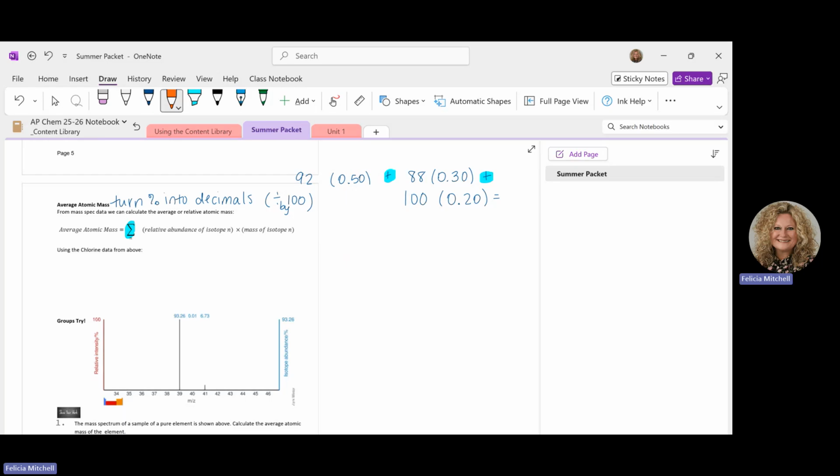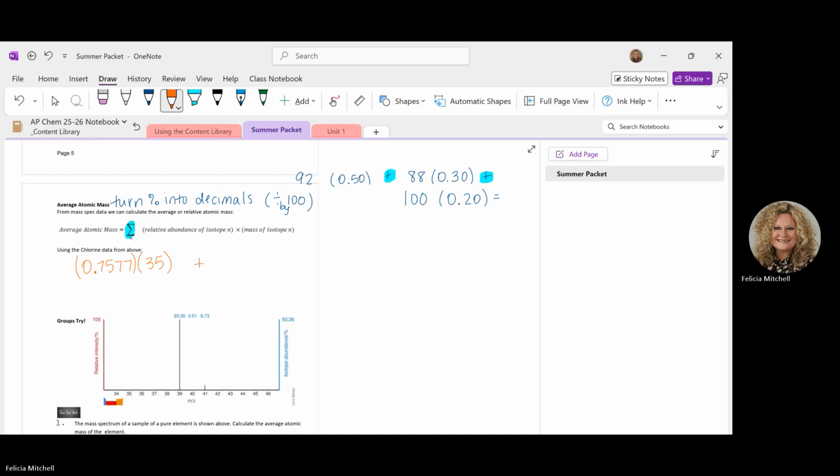So if I want to use that graph I just did, I would say, okay, 75.77% of the time, into a decimal. I'm just dividing that 75.77 by 100. 75.77% of the time, the mass is 35.